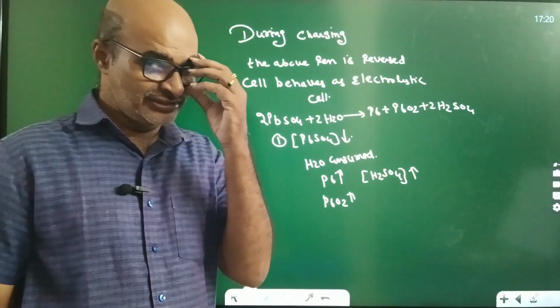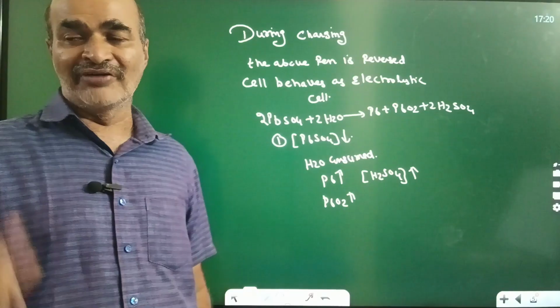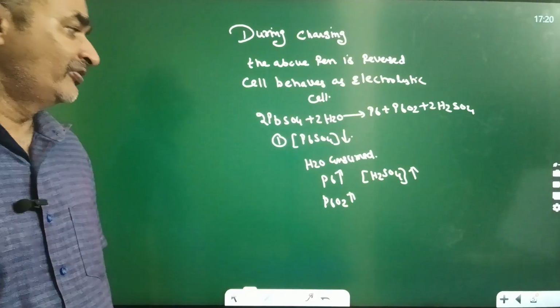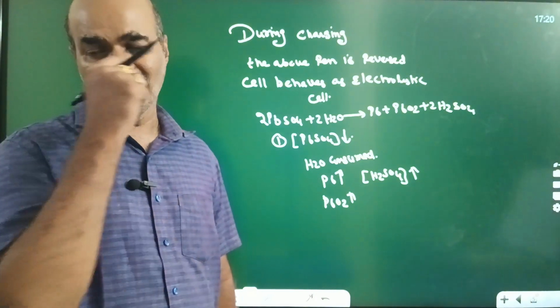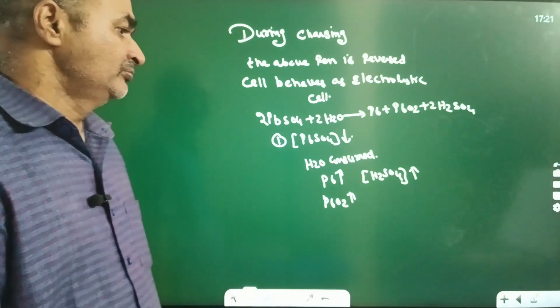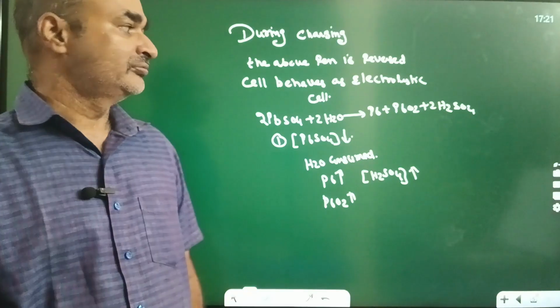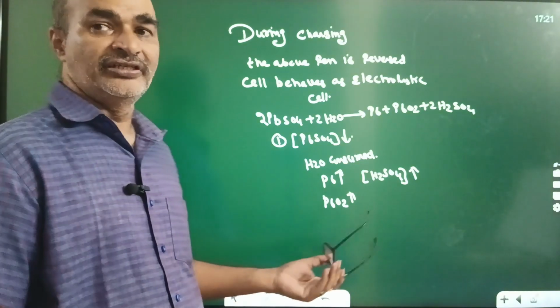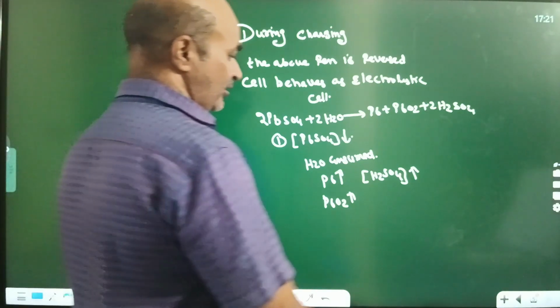So during charging, sulfuric acid is formed. During discharging, sulfuric acid is consumed. During discharging, sulfuric acid density decreases, weight percent decreases.